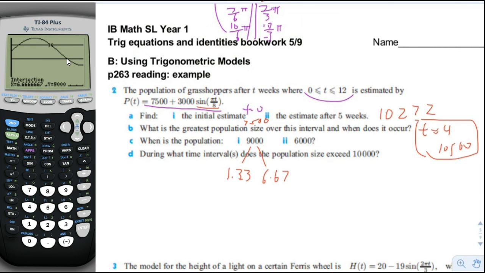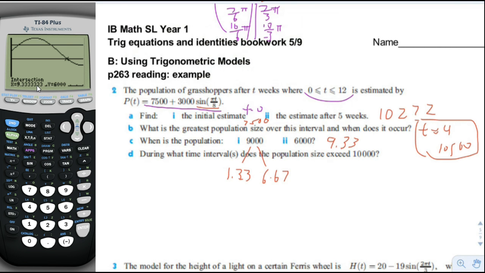When is the curve equal to 6,000? So we'll do second calc, intersect 5. First curve is the sine wave. Second curve is not 9,000. We want the other curve, which is 6,000. Enter. Where's your guess? Doesn't really matter because there's only one intersection point. So the intersection is 9.33.